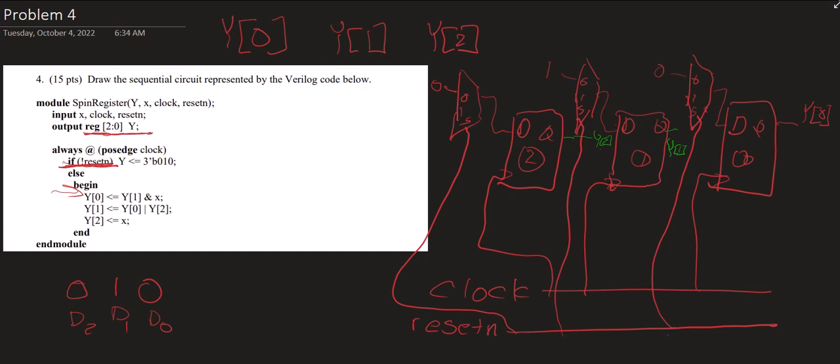So x is yet another variable that hasn't shown up yet, so we'll just make it. We have x, and that's going to be ANDed with y1, and that goes into the 1 terminal of the multiplexer for y0. y1 becomes y0 or y2.